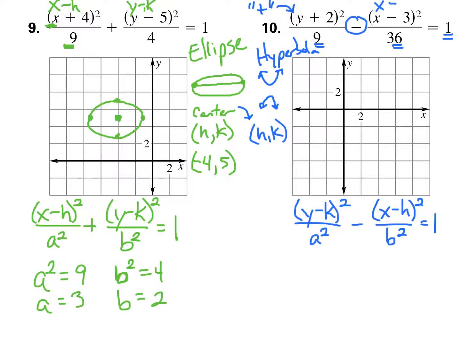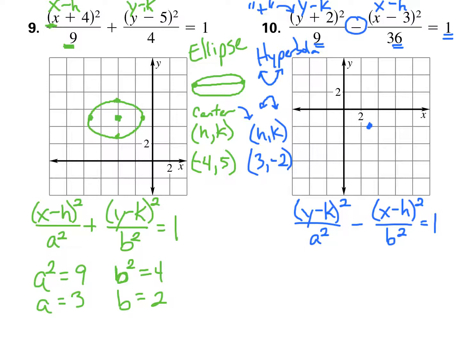So we have x minus h, so that means that h is equal to 3. Okay, and y minus k, which means that k is equal to negative 2. So we have 3 comma negative 2. Watching out for our units again, the scale is by 2's, so 3 comma negative 2 means that my center is going to be right there.